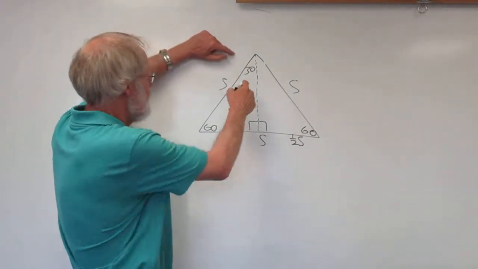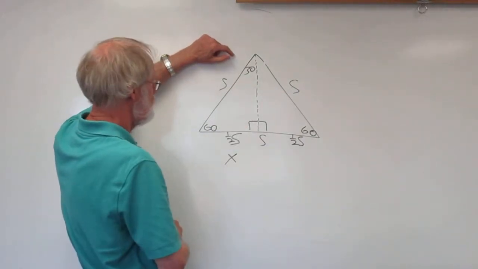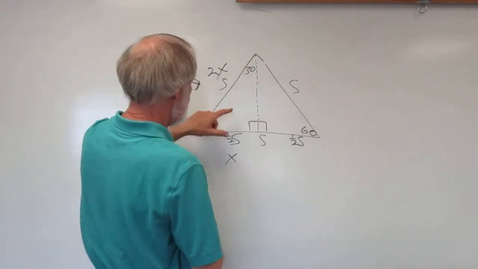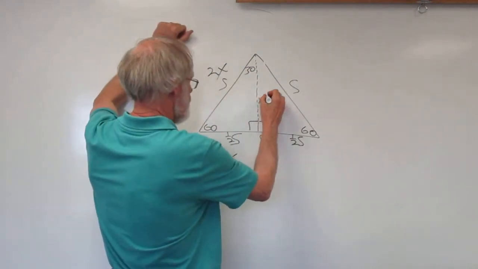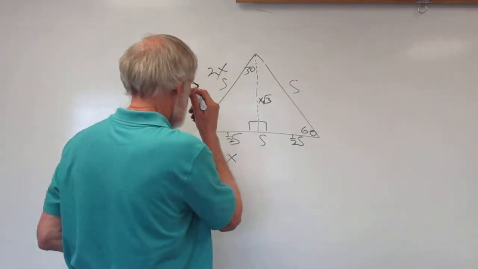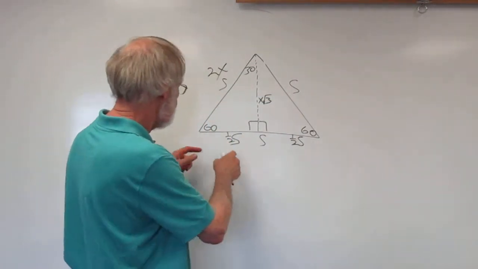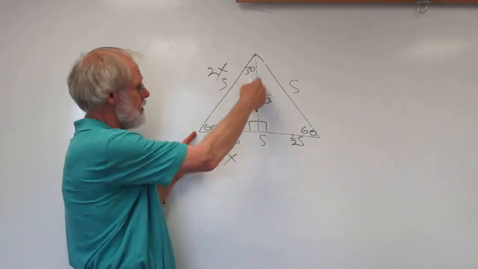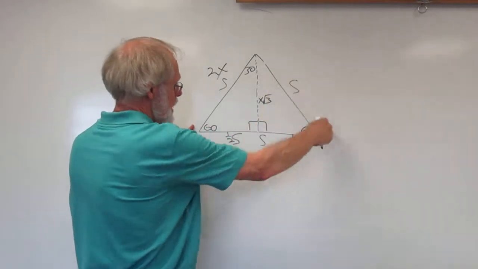Now, you should recognize a 30, 60, 90 right triangle here. And remember that opposite the 30 is some number x, the hypotenuse is 2x, and the side opposite the 60 is x square root of 3. I'm looking only at this right triangle here, not the entire triangle.